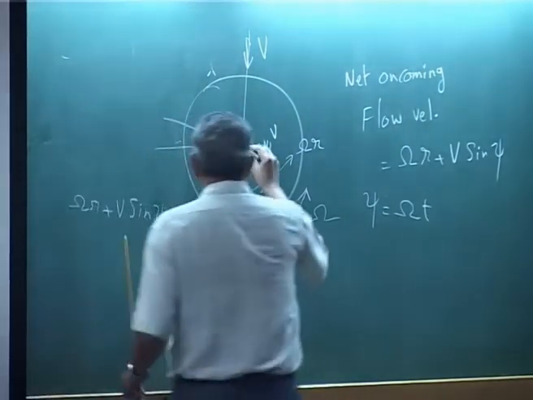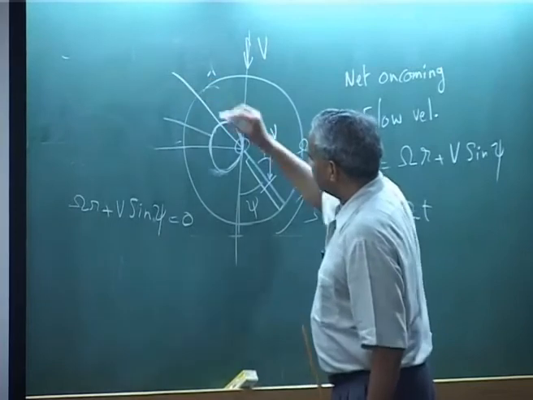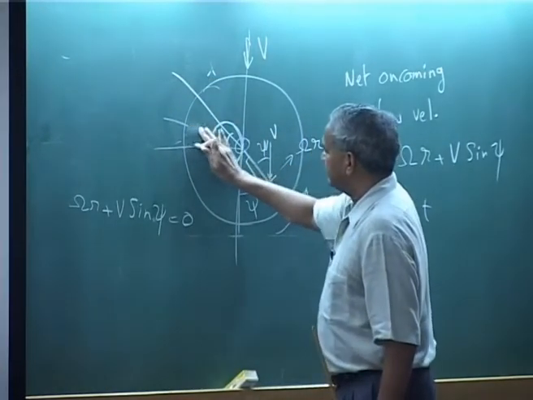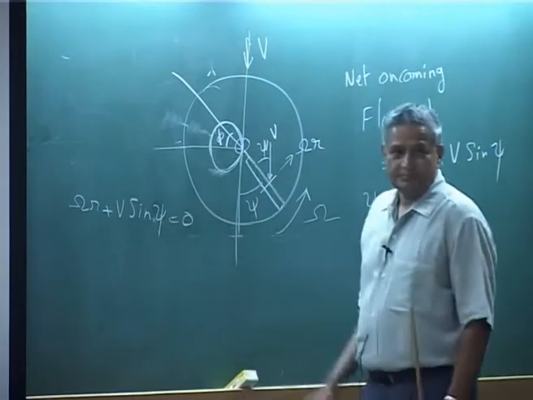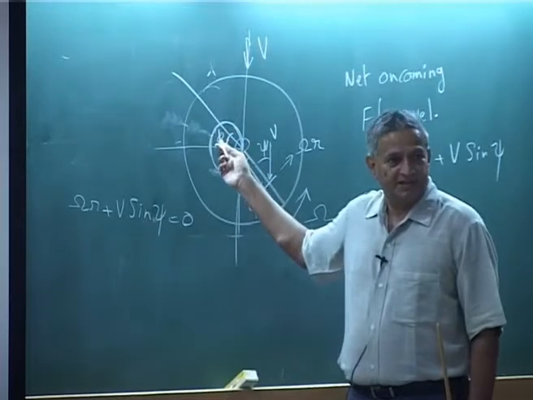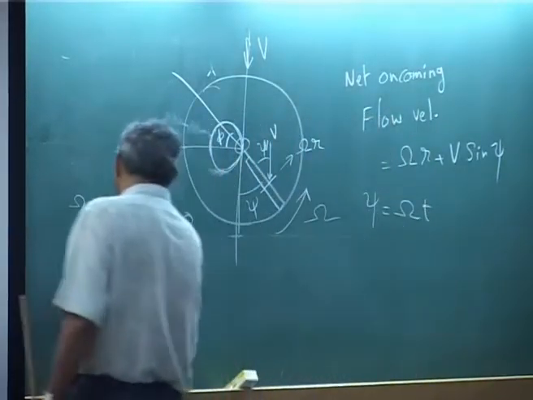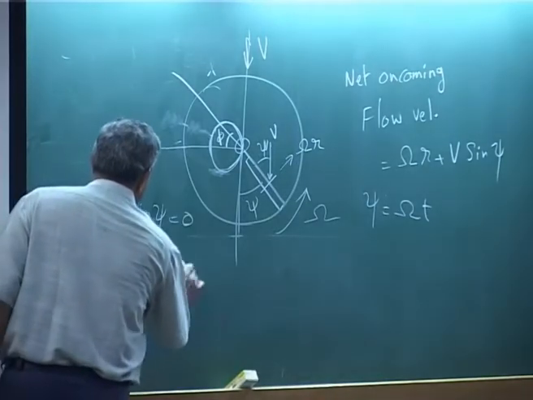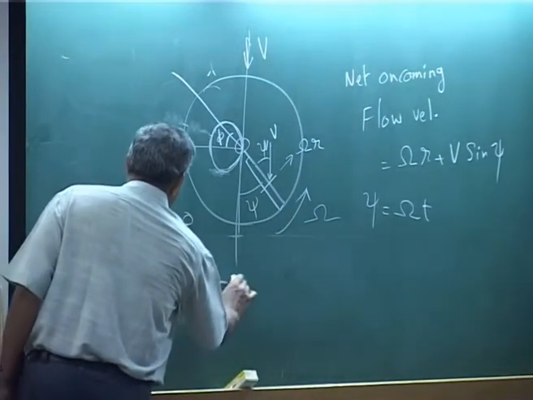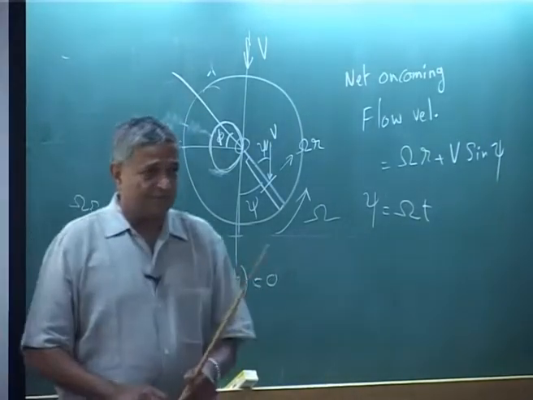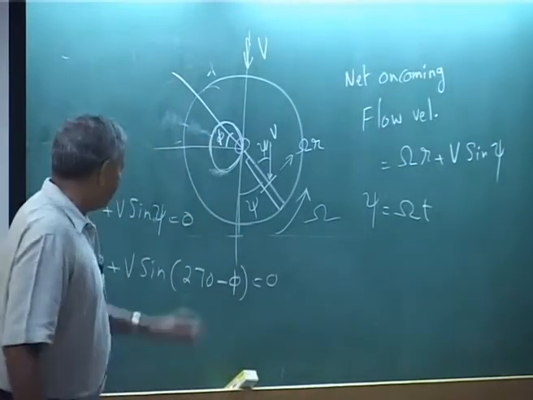Now, you take this angle to be phi, okay. Now, psi is 270 minus phi. So, you will have omega r plus V sin, please understand I use the same symbol phi, do not get confused, this is just for denoting, okay.